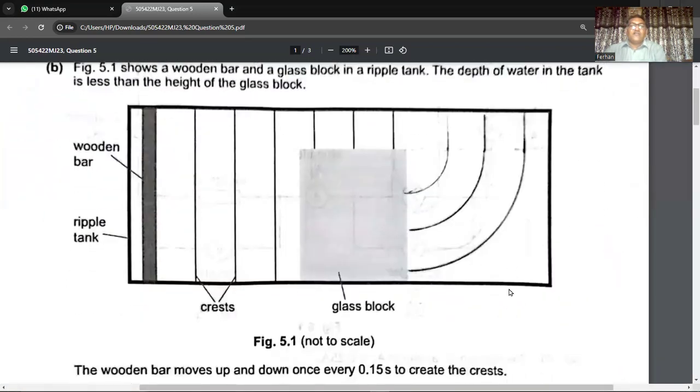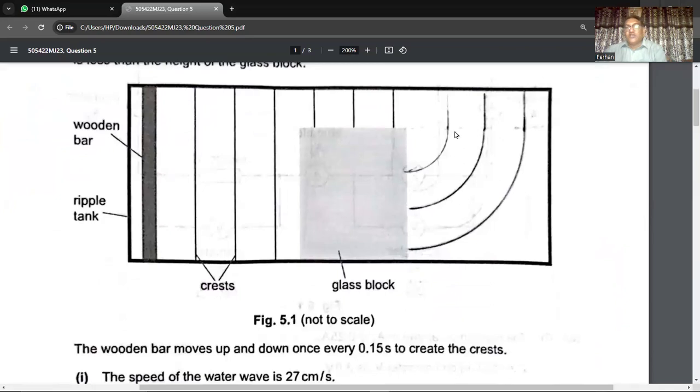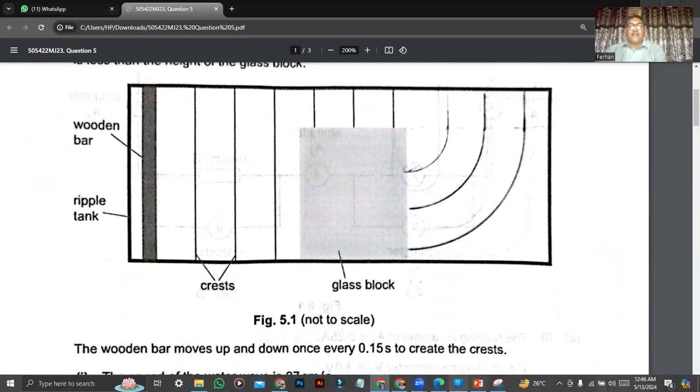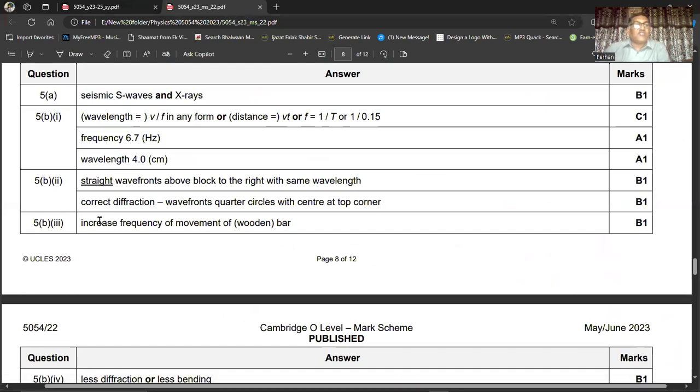Finally you will get these shapes. These are the quadrants, and here it remains straight. The wavelength has not changed. Let me show you the marking scheme. It says straight wavefronts above the block to the right with the same wavelength, and correct diffraction wavefronts, quarter circles with the center at the top corner.